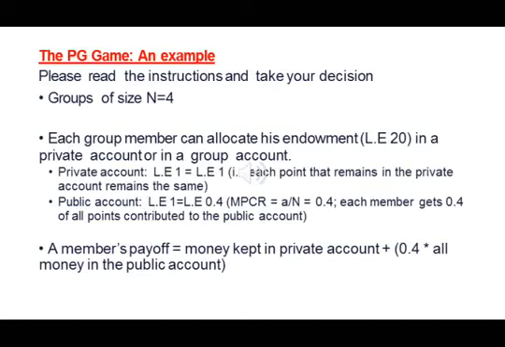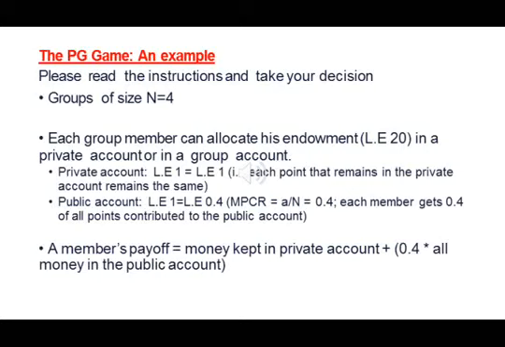So we tell them that you will be divided into groups of size n. For example, the group size could be 4. So we could tell them that you will be part of a group, and this group consists of 4 individuals. And then each group member can allocate his endowment, which is £20, for example, in a private account or in a group account.